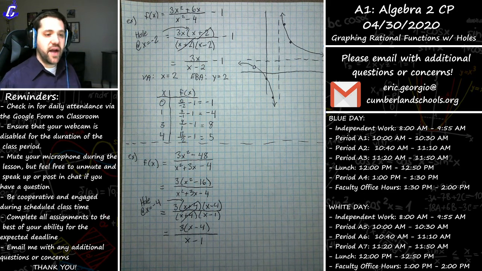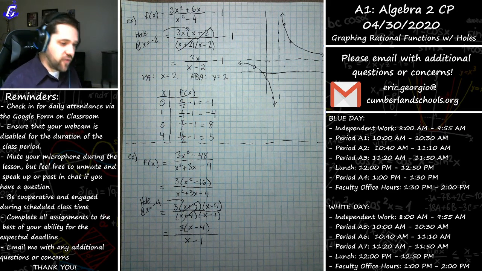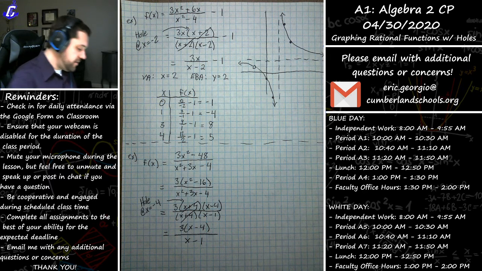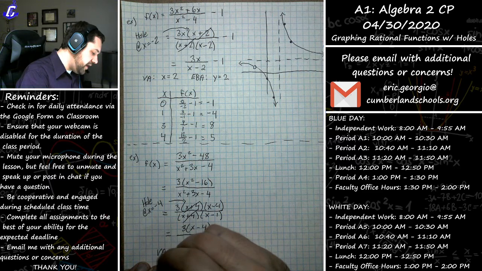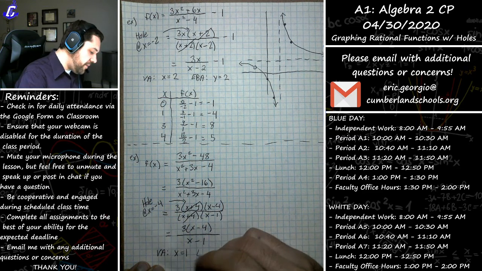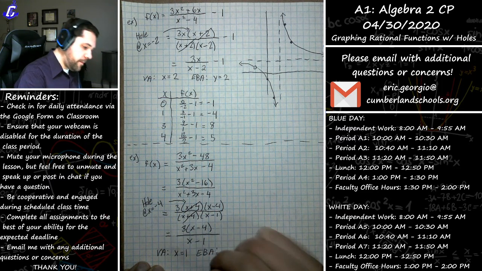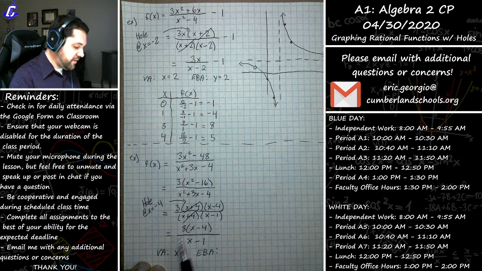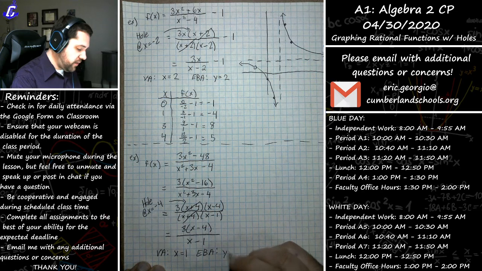And now we can go ahead and find the information and graph normally. I'll run through this part really quick as we approach the end of class. Our vertical asymptote is x equals 1. For our end behavior asymptote, there's no vertical shift, so it's just the leading coefficient of 3 divided by the leading coefficient of 1, so y equals 3.